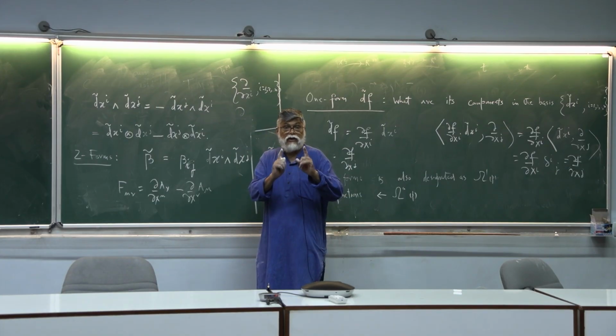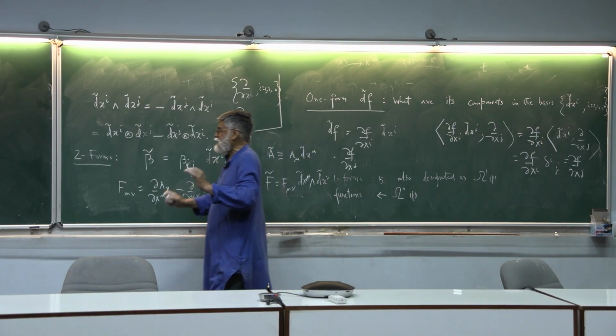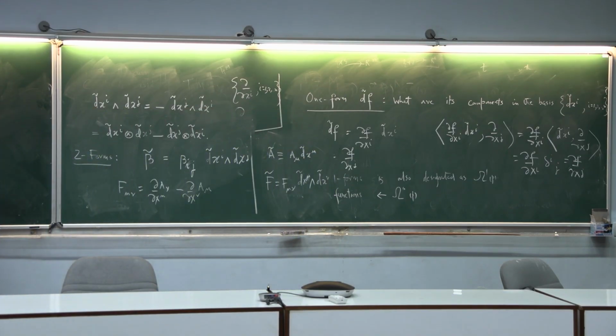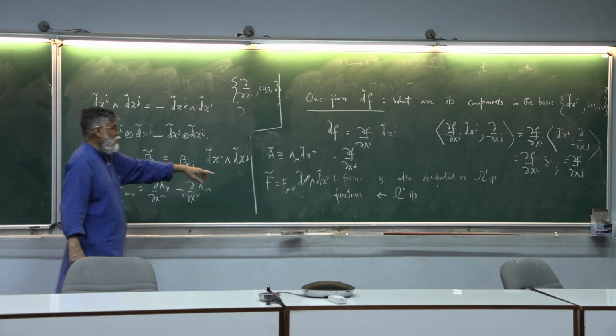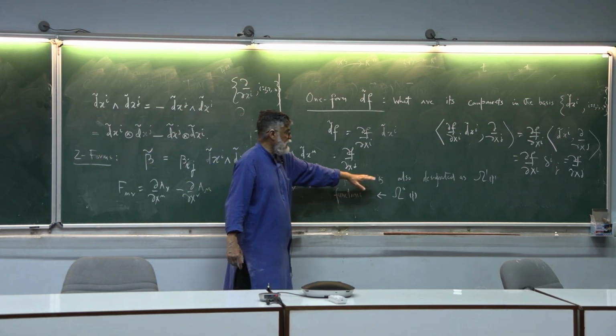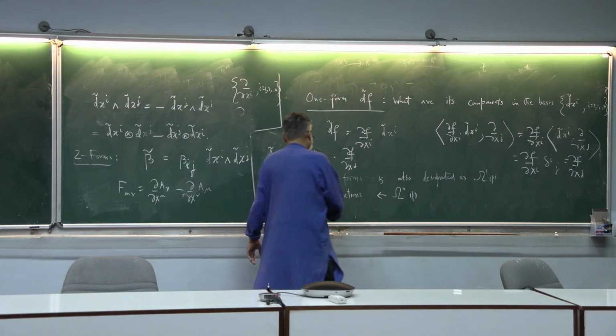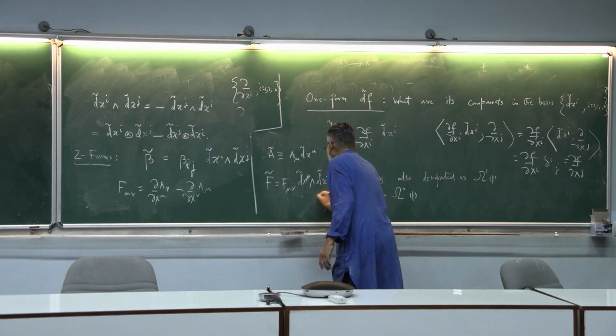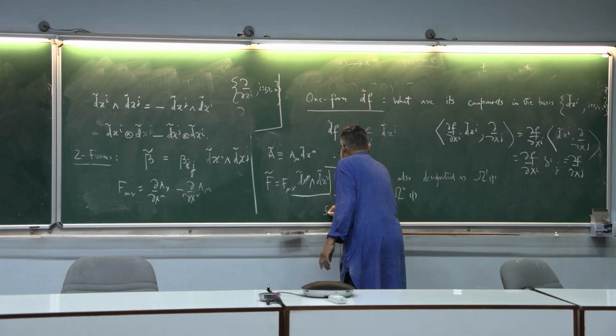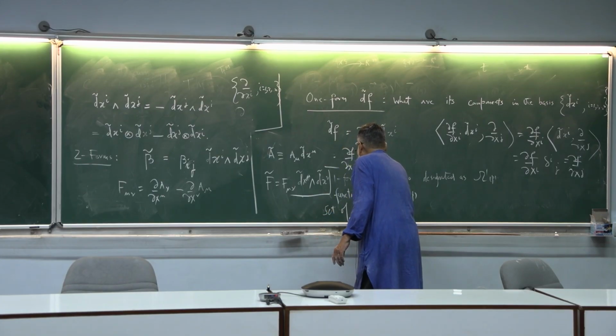There comes the notion of exterior derivative. So, I will just stop by introducing the exterior derivative. Remember this is a 2 form, the set of all 2 forms is omega 2, just like the set of all functions is omega 0.